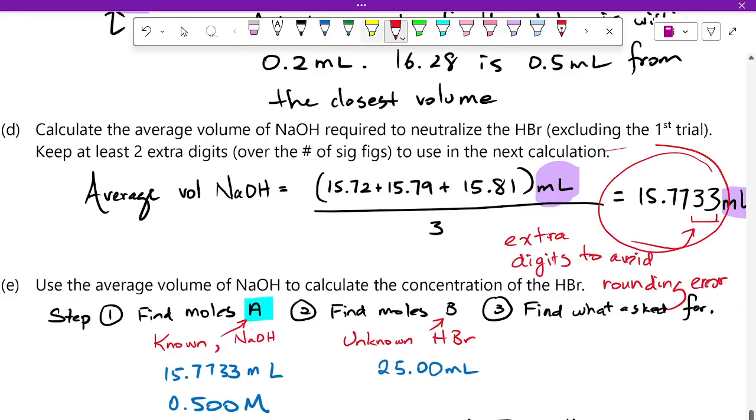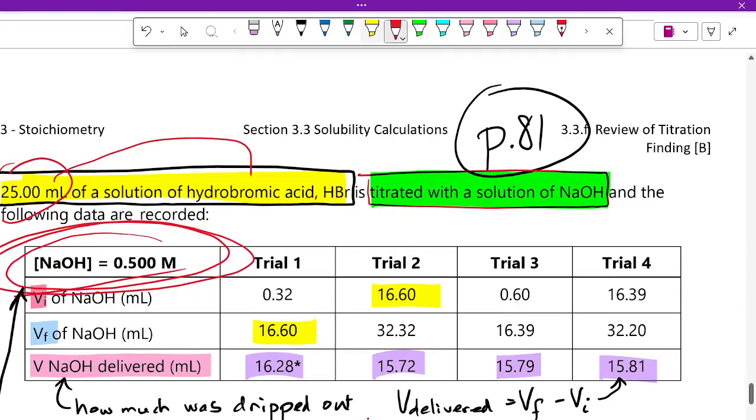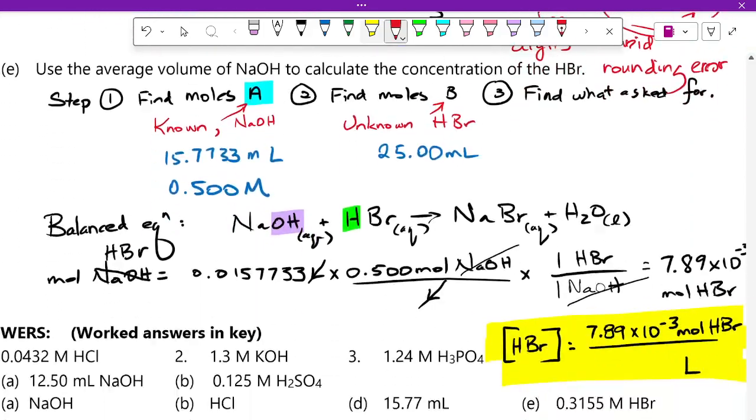Or am I going to use those two added together? 25. Remember, you're always using the initial volume, and it's for HBr, so the volume of HBr is 25 milliliters. Yes?